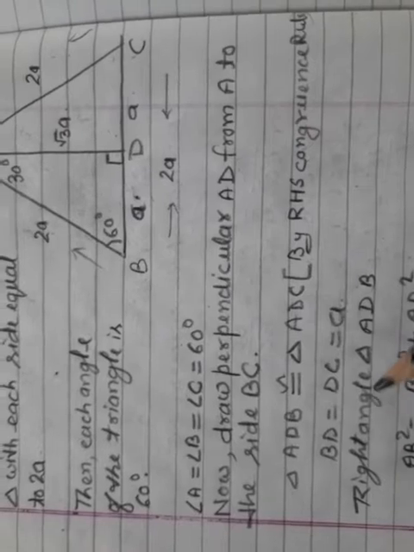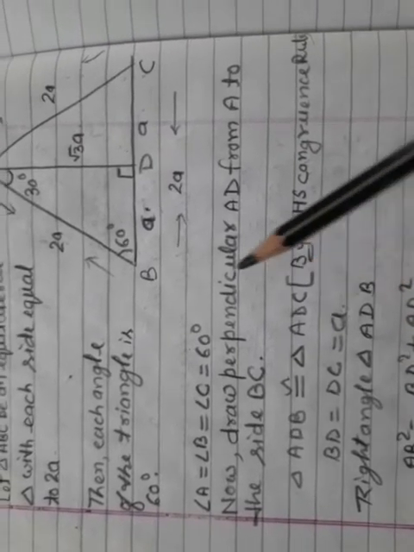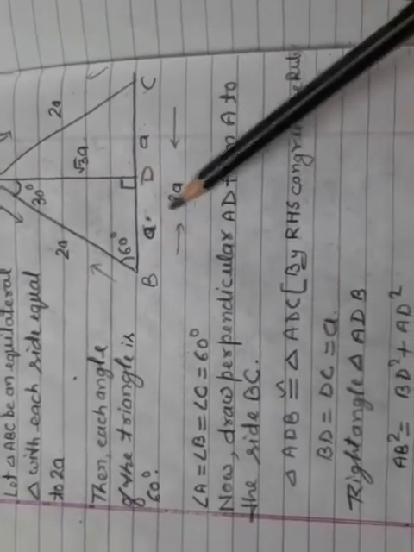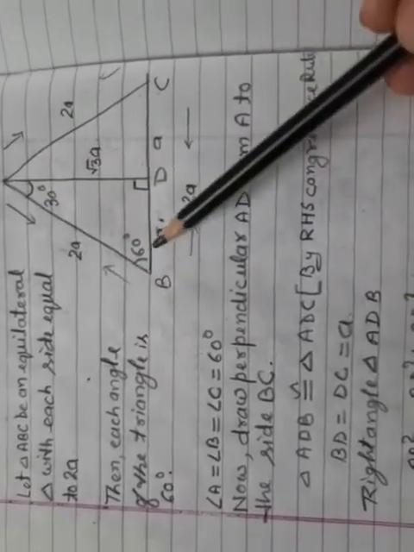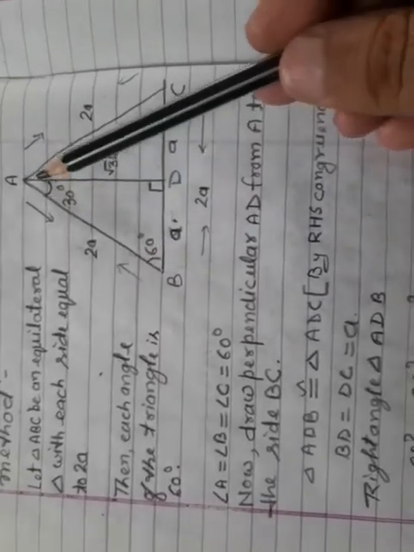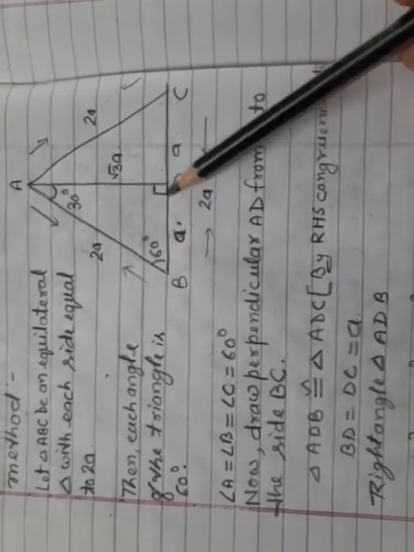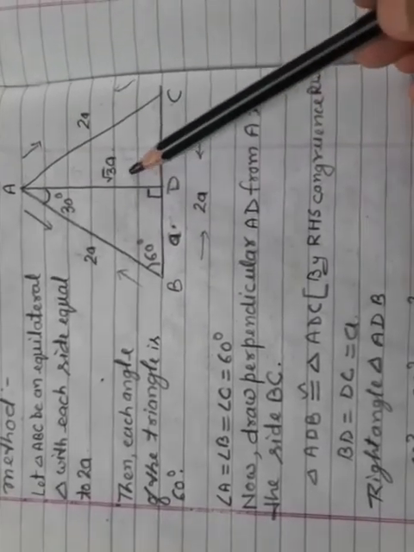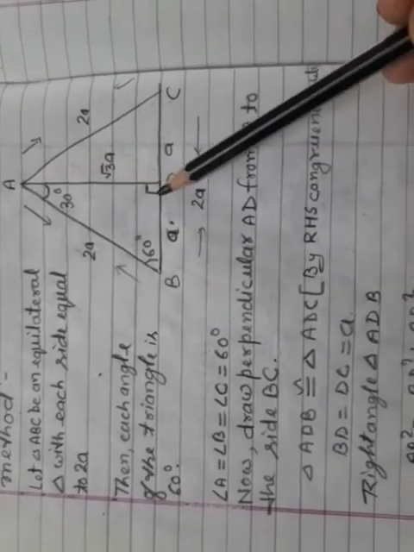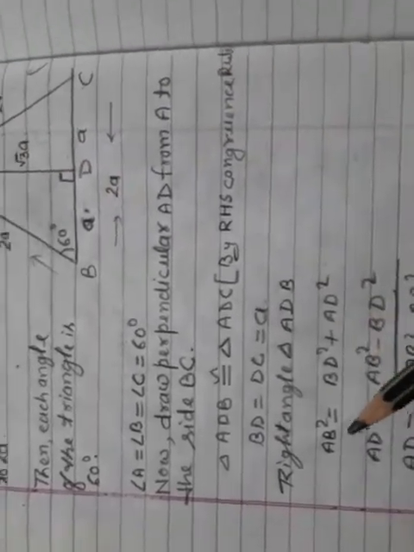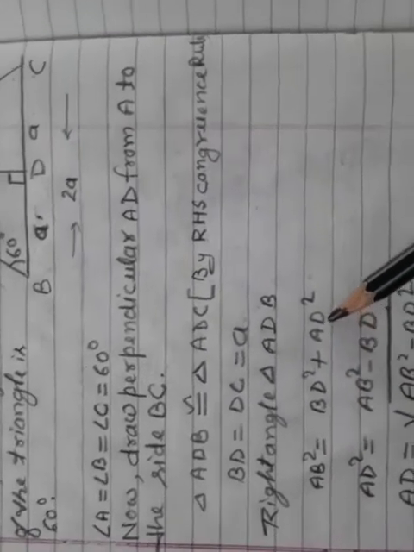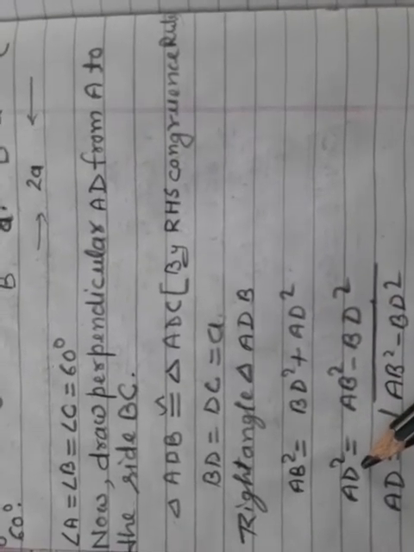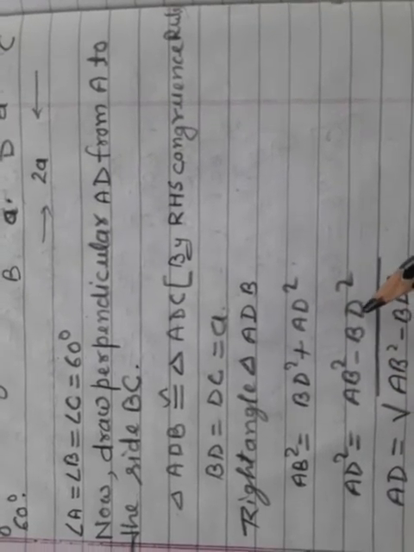Now take the right angle triangle ADB. Here we use the Pythagoras theorem to find AD. AB square is equal to BD square plus AD square, so AD square is equal to AB square minus BD square.